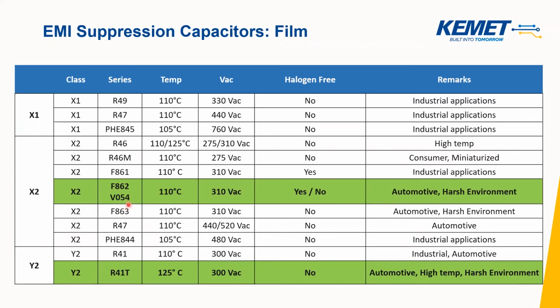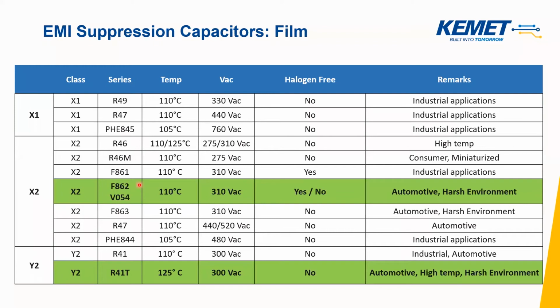These capacitors have an 85% humidity, 85 degrees Celsius environmental specification to work up to 500 and 1000 hours respectively, which is of course also the requirement of the AEC-Q norm. And this is really what has been the direction of our focus for R&D in our safety caps for the last few quarters.